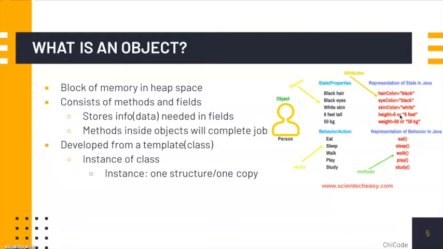Every person has hair, every person has eyes, every person has skin, every person has a certain height and weight. So each object or each person has a different color hair, different color eyes, different color skin, different height, and different weight. The fact that we're still a person is the class, and the instance of a class is all the different people there are out there with different characteristics.